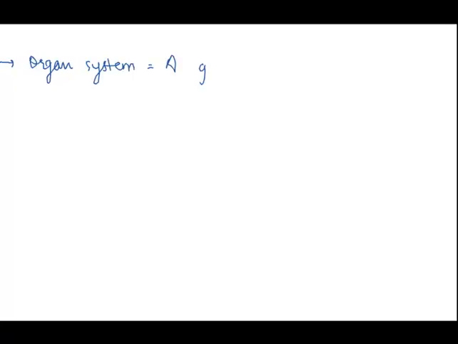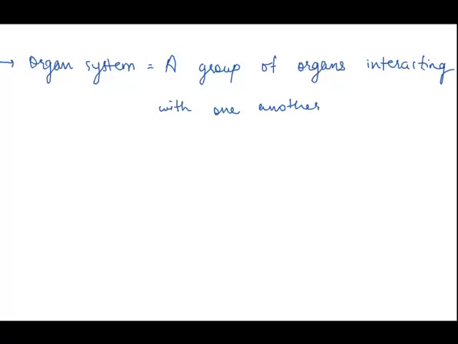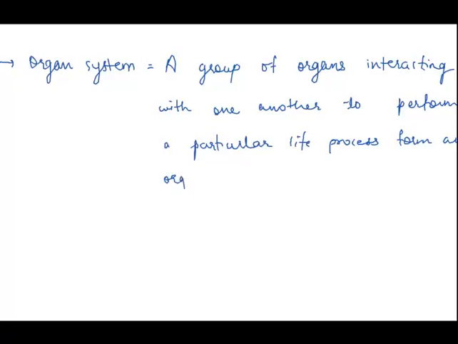A group of organs interacting with one another to perform a particular life process form an organ system.